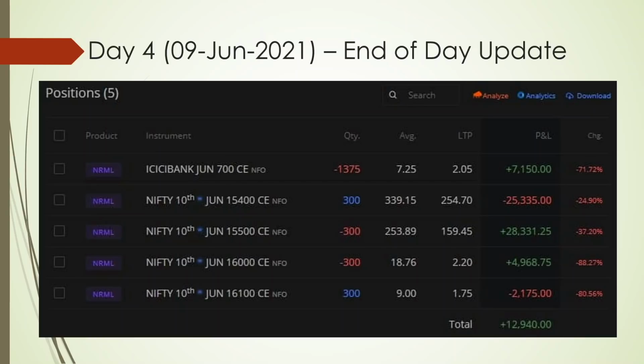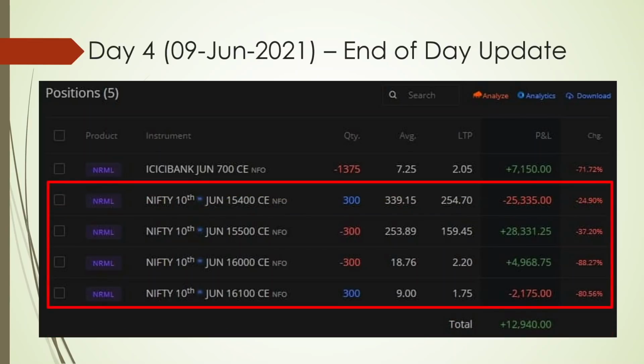The market has moved heavily today, but still the call condor is in excellent profits. Because why? The spot is still in between 15,500 and 16,000, and with just one more day to go, we are in very good profits.